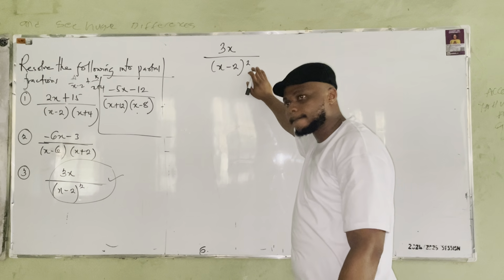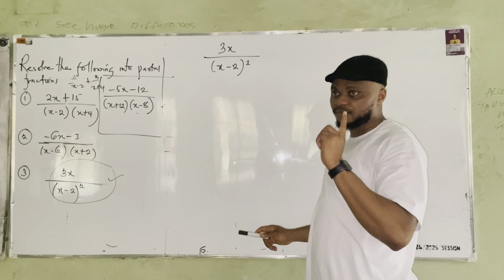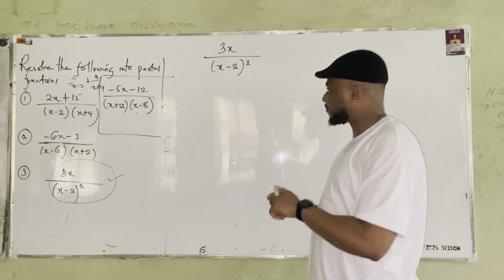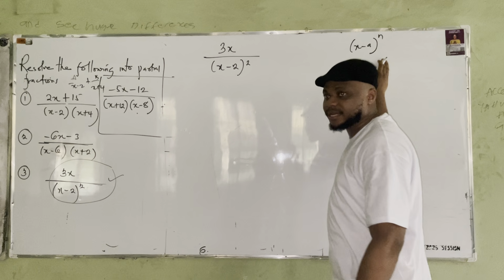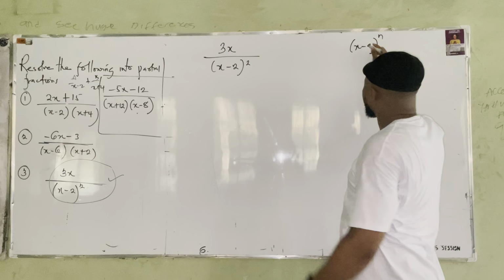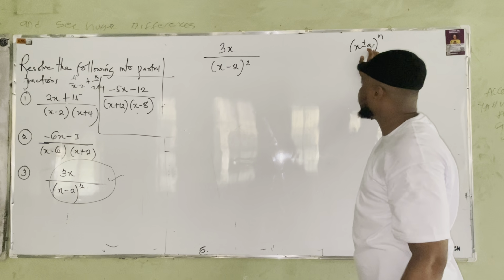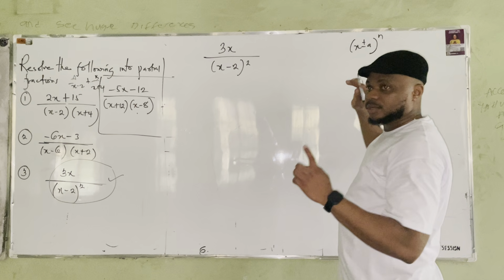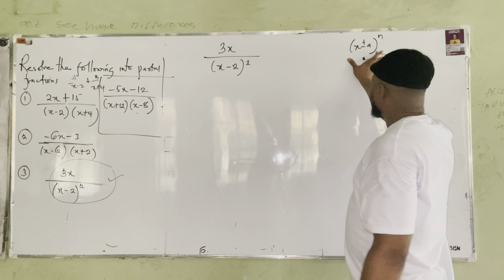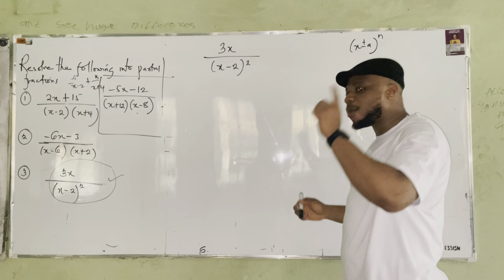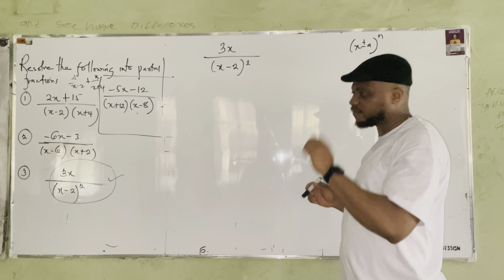It has a power. Now the idea of powers when it comes to partial fractions is that if you have x minus a raised to power n, where a is the constant, plus or minus a. It can be plus, it can be minus. This particular expression is split from raised to power 1 to raised to power n. Let me give you an instance.